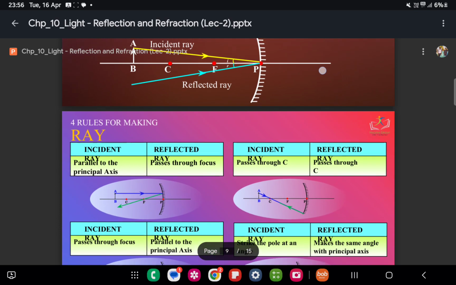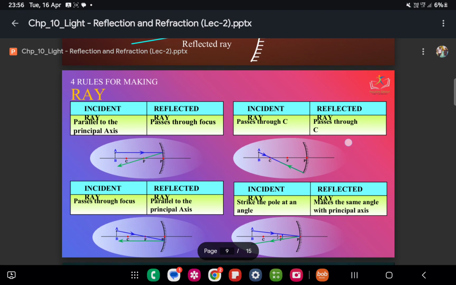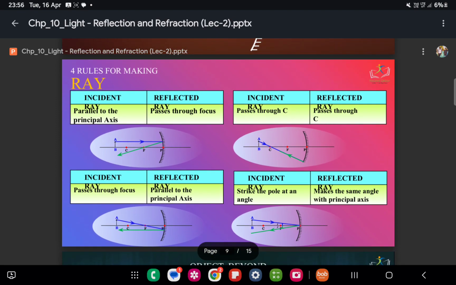Next, we are moving further. This is what we have learned until now, and how important it is in the ray diagram. We will study these now.